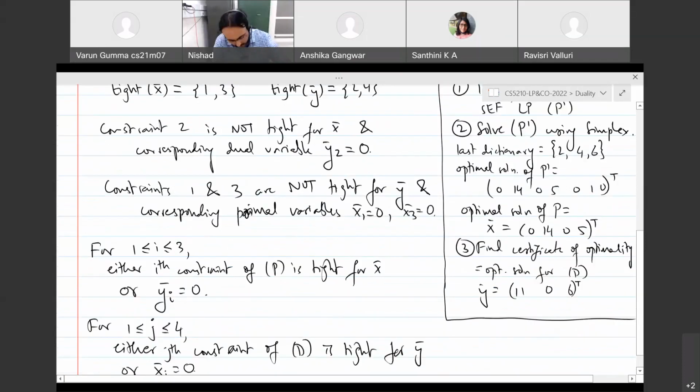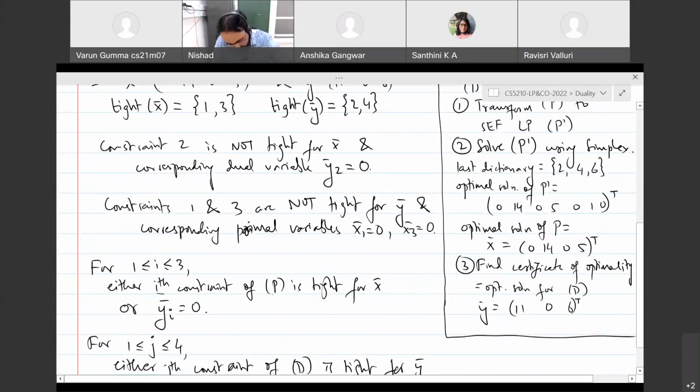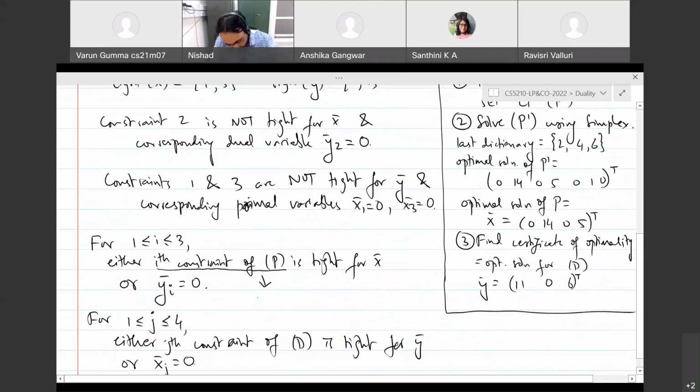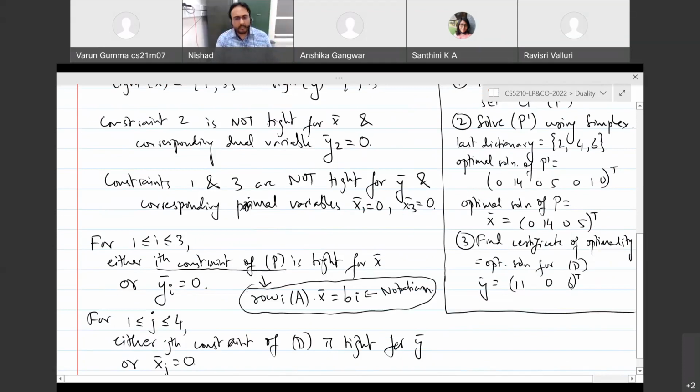I just want to introduce some notation to make things easier. One way to think about the ith constraint being tight is this: if this is your matrix A as usual, and this is your b, and this is your c, then if you look at row i of the matrix A and multiply it with x bar, you get exactly the right hand side, which is b i.